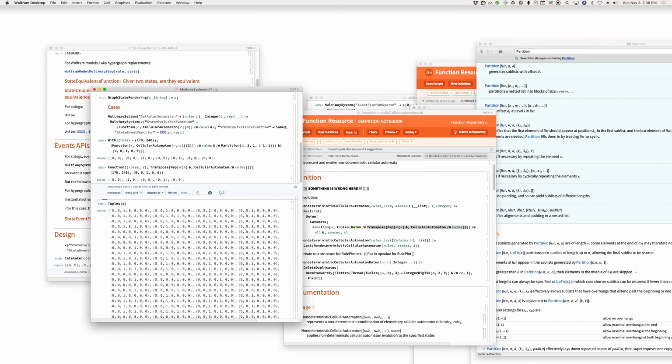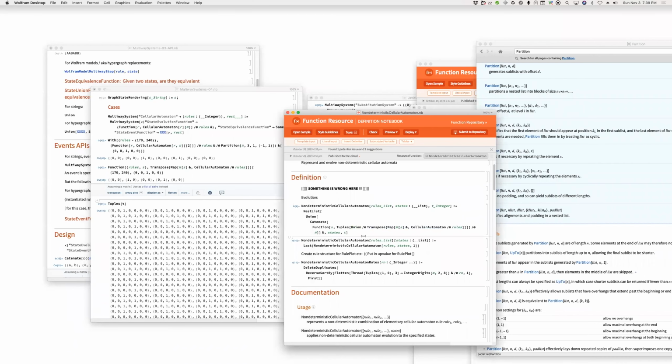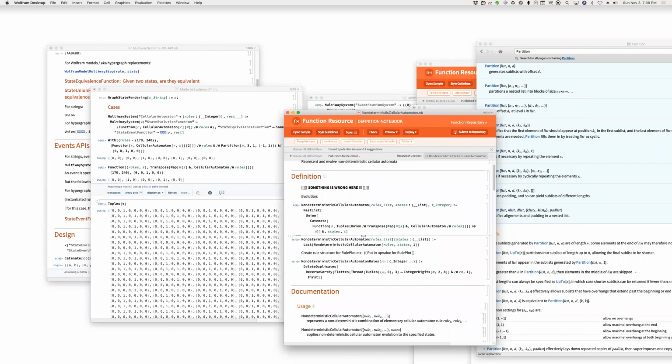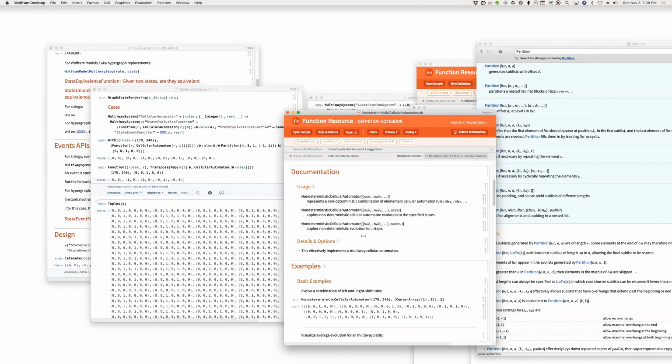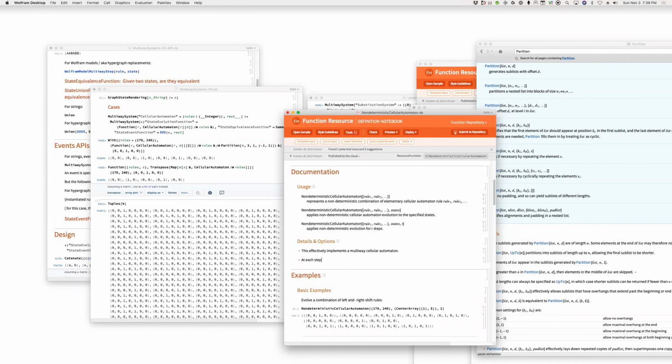But now, yeah, this is wrong here. Okay. At each step, a single application.